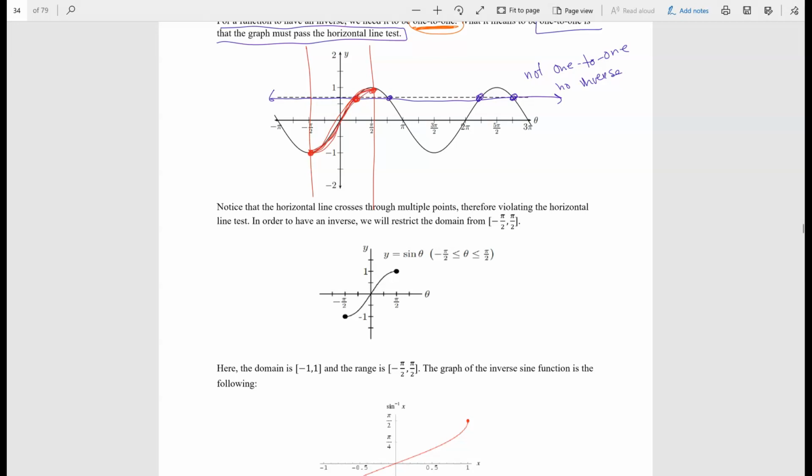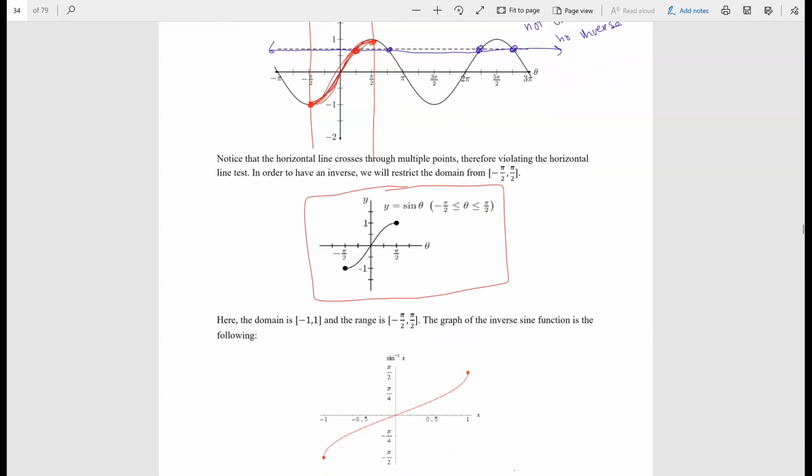If this red graph is my new sine function, my theta values, my domain, is going to be from negative pi over 2 to pi over 2. And my range is going to be from negative 1 to 1. So nothing really has changed; I just restricted the domain and the range.